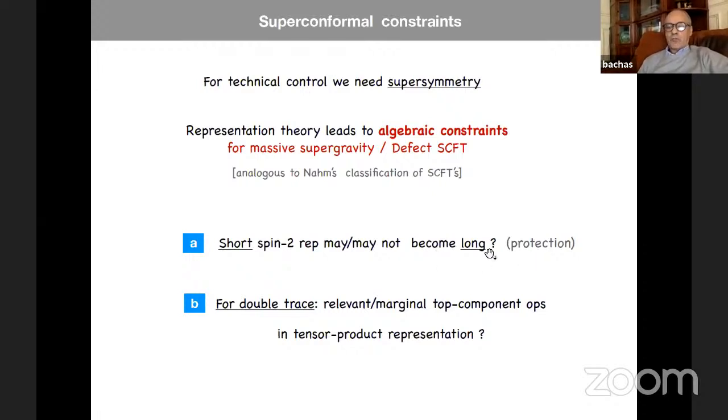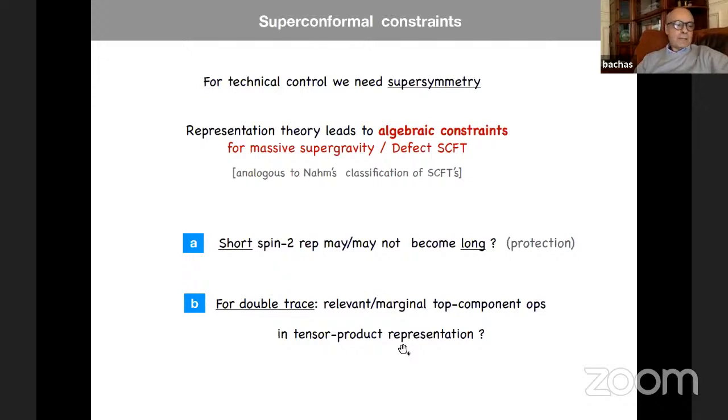The something is the Stueckelberg fields, and there are cases in which this simply is not allowed by supersymmetry. In this case, massive supergravity cannot exist. The second constraint is that if you want to do a double trace coupling, you need to have relevant or marginal operators, which are top components of supermultiplets in tensor products. And this is again limited.